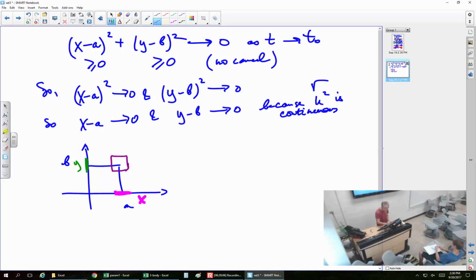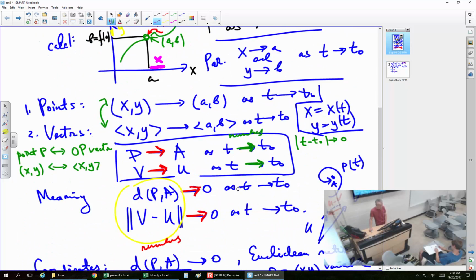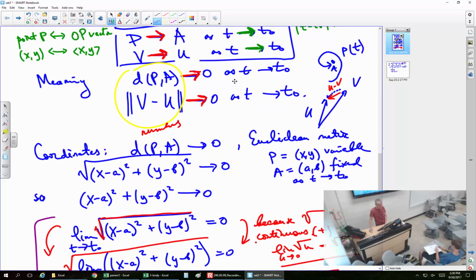All my points on my graph will be lying here somewhere, maybe this way, that way, even vertical. It could be vertical just as well. As t gets to t naught, that rectangle will be getting smaller and smaller, and that's the meaning of the limit on the plane. Okay, so the parametric curve will be converging, as that's what we started with, to a particular value. So AB, right here, where it is.